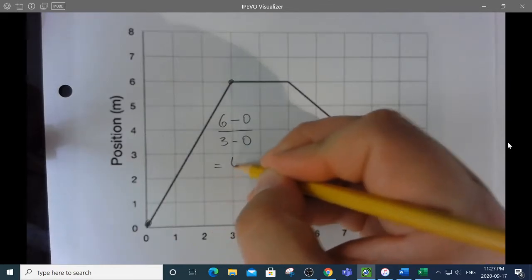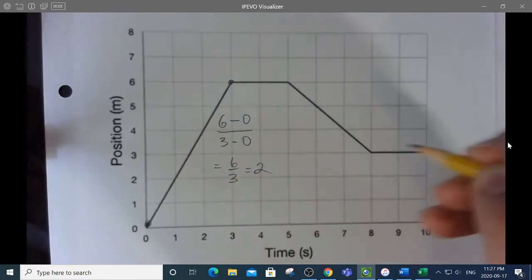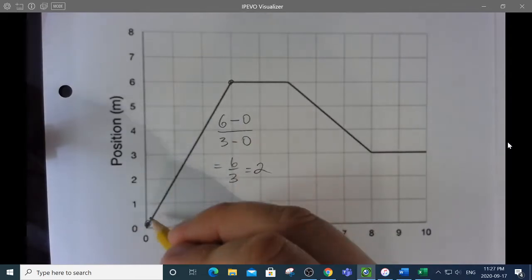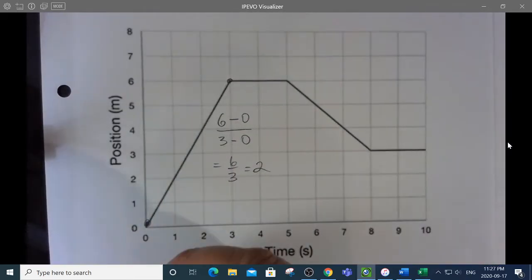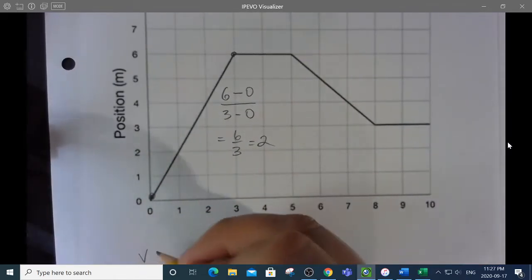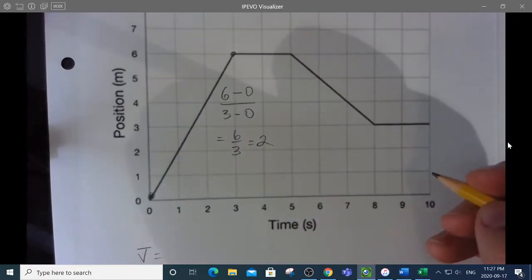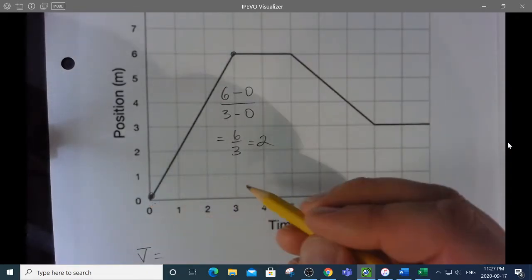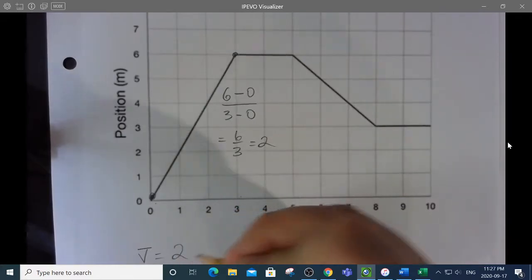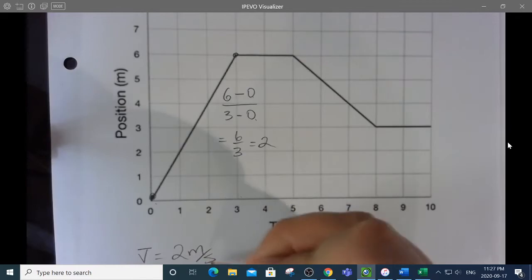So I have a slope of 6 over 3, which is a slope of 2. Therefore, remember that the slope of a position time graph is my velocity. My average velocity from 0 seconds to 3 seconds is 2 meters per second, right? Because meters is on top and seconds is on the bottom.